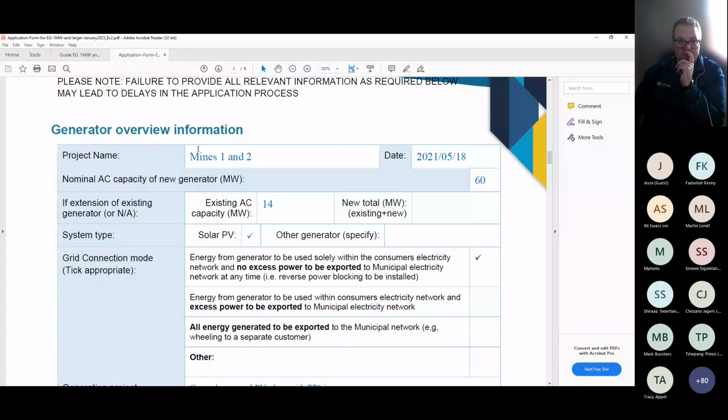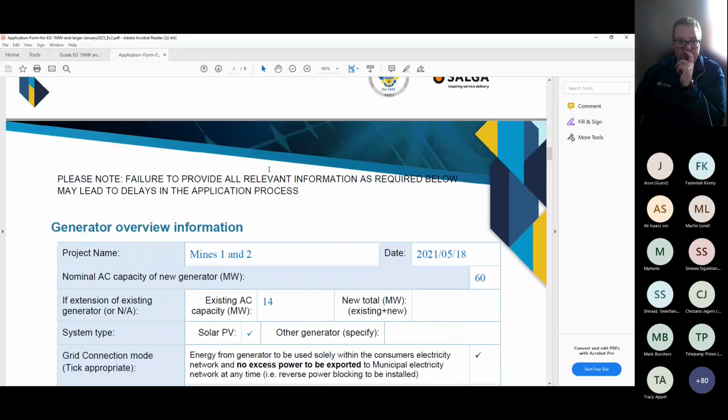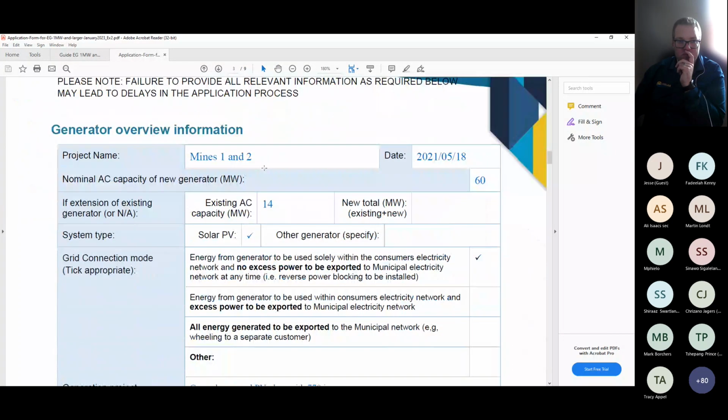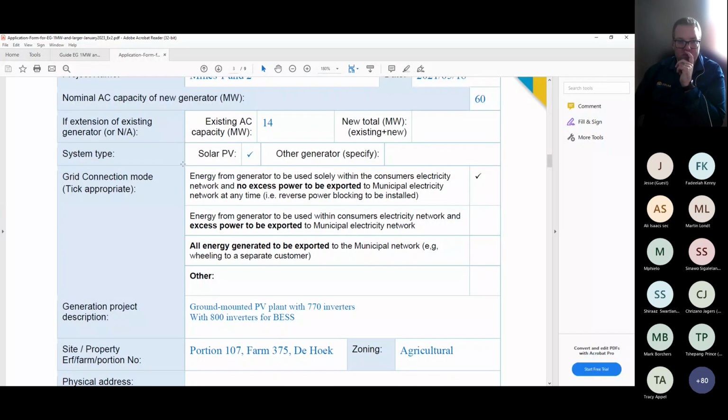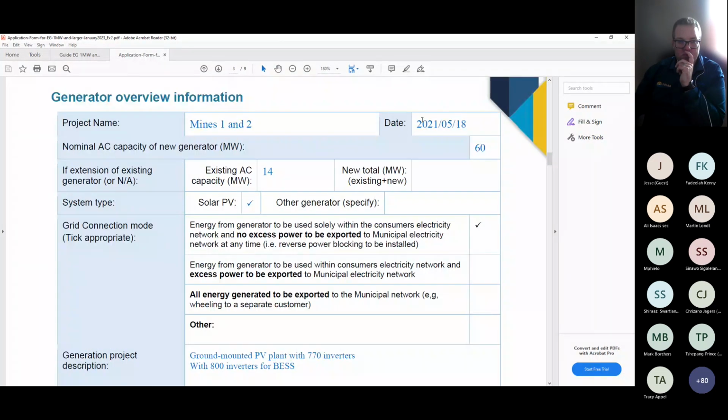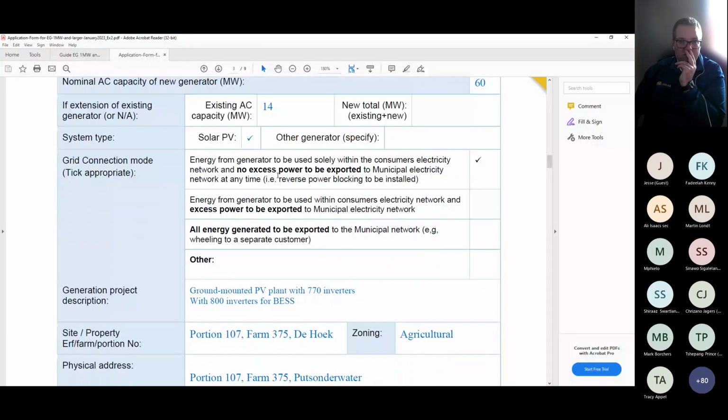So there's an application form. This is where you start with the generator overview information. And for now, I'll just scroll through here. He's got a name. There's a date that he completed this. There's a capacity of the new generator. So yes, this is a serious installation. He's got some generation. It says there's a solar PV.